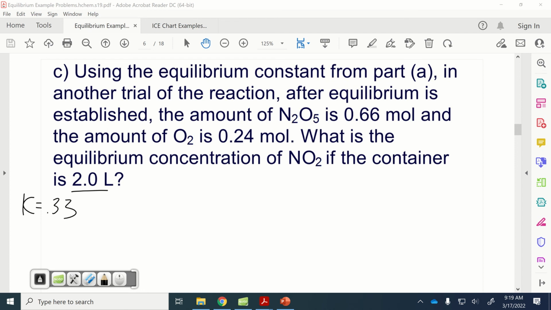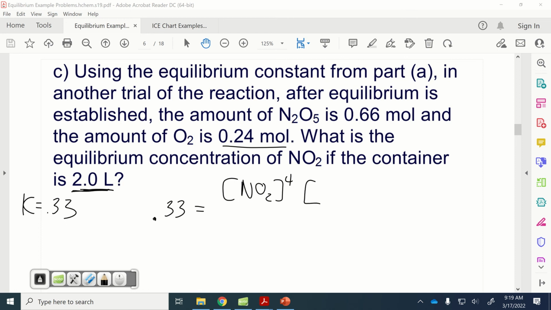So with this, we need to make sure our values are in, again, molarity. And you can see that I'm given moles and liters. So I need to make sure I put them into molarity correctly. So if I do my equation, it would be 0.33 equals NO2 to the fourth. I'm not happy about this because I have to take basically the 4th root.